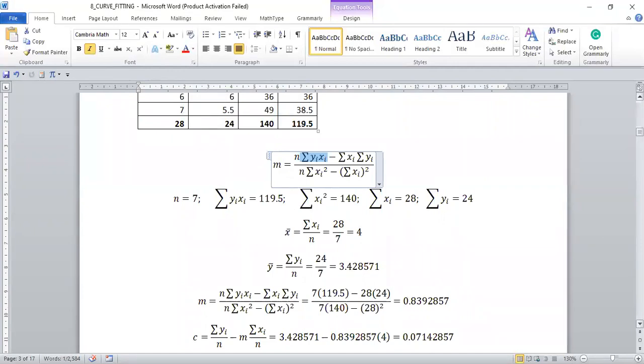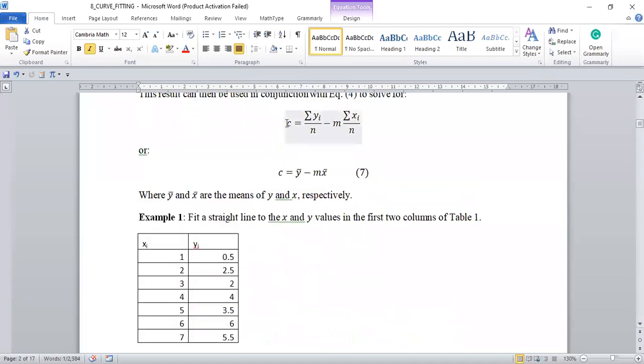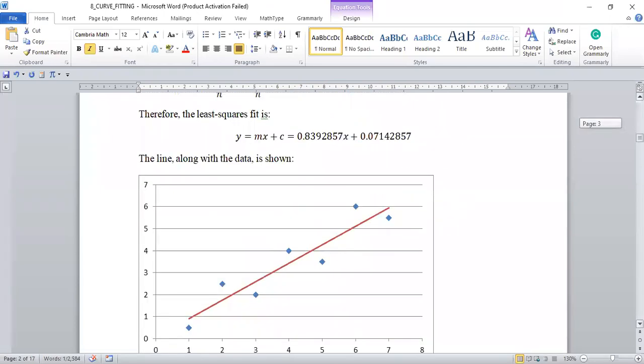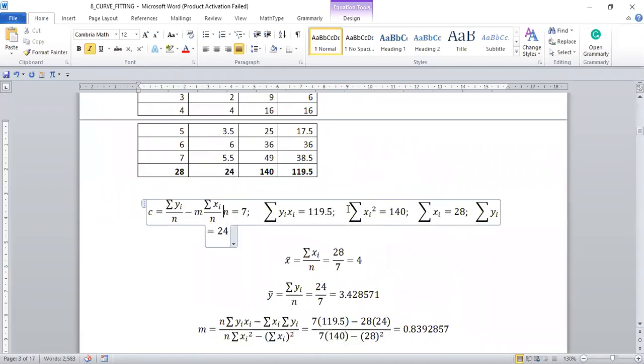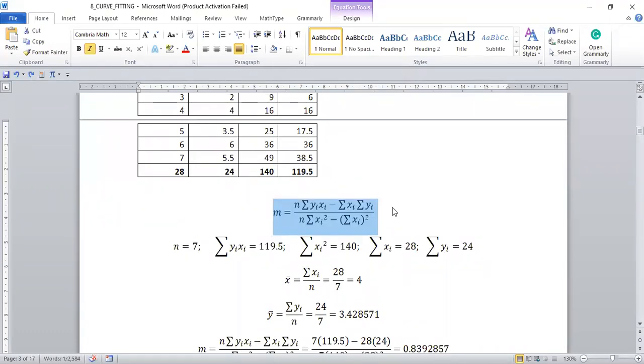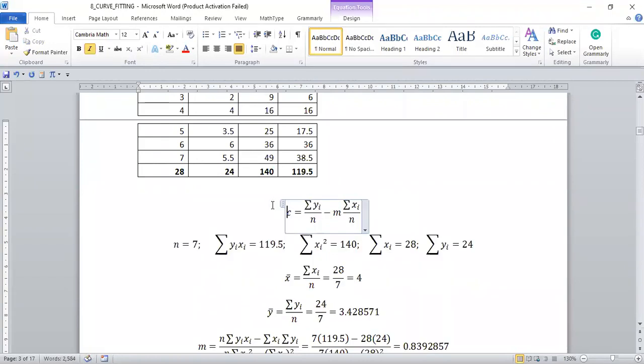Then to get c, the intercept, this is the formula we are using. We need the summation of y, which we already have.